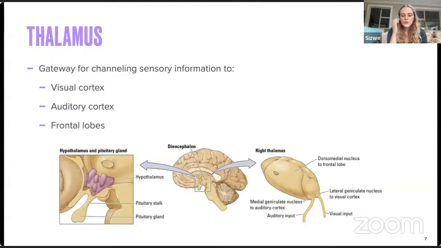Okay, so the subthalamic nucleus forms part of the basal ganglia.